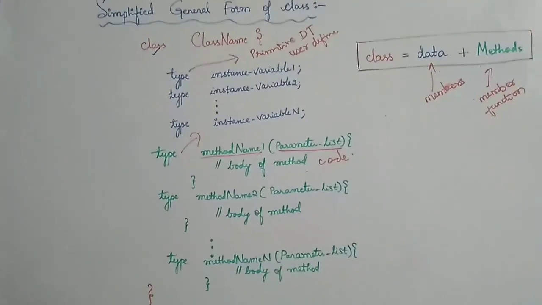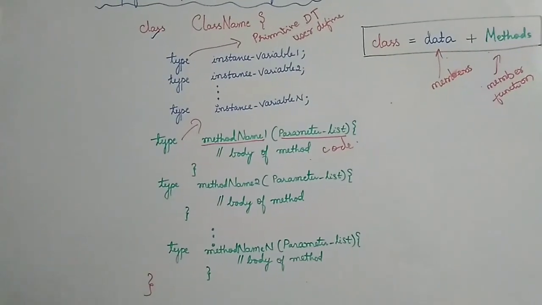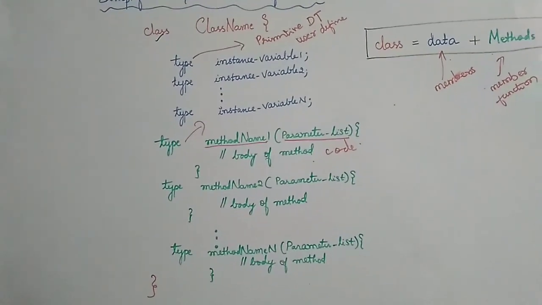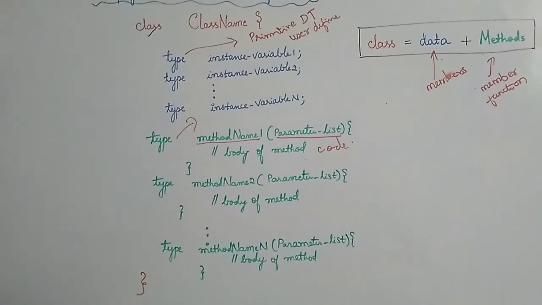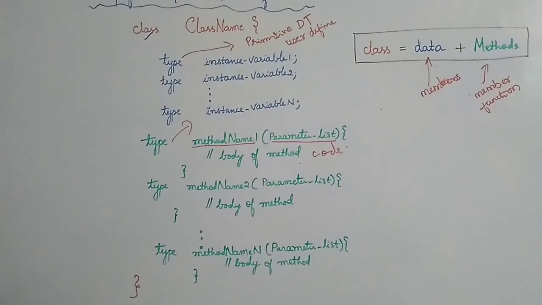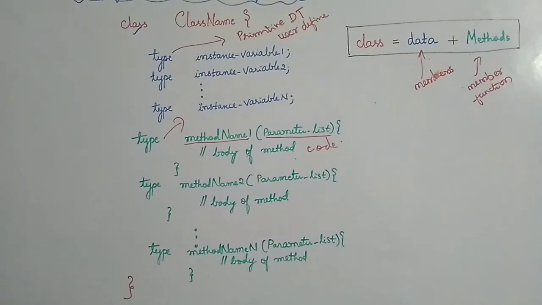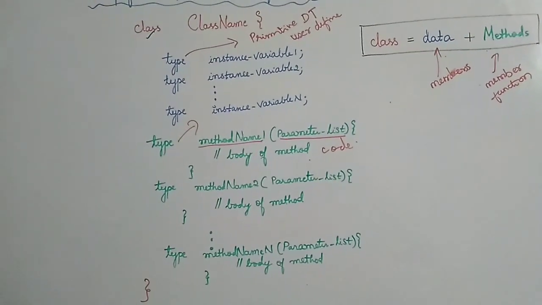Now, as you can observe here, I didn't write the main method inside the class. Any method that you write has the general form which is similar to the main method. But the main method is public and static, and public and static methods are very rare in your programs.